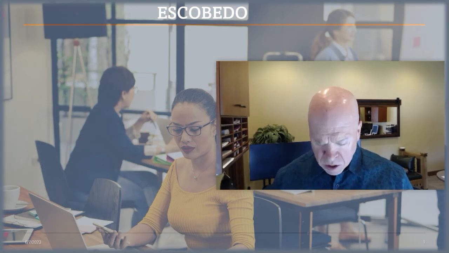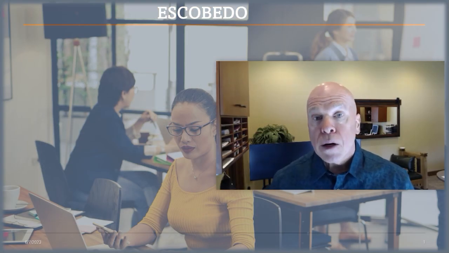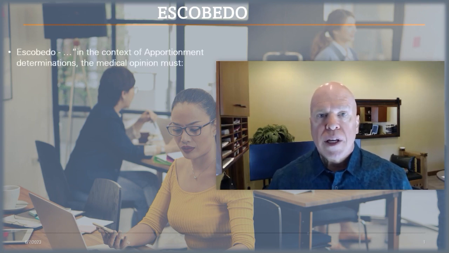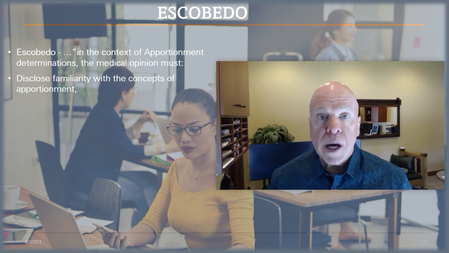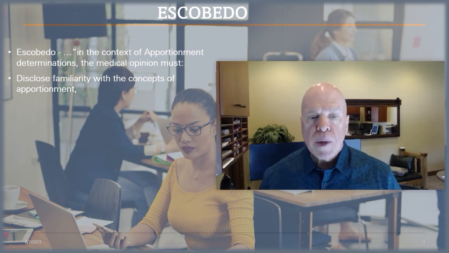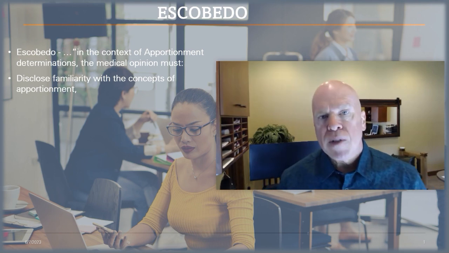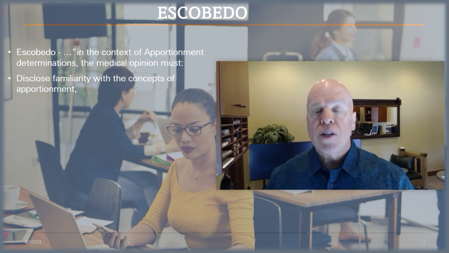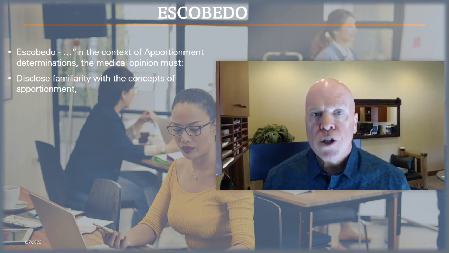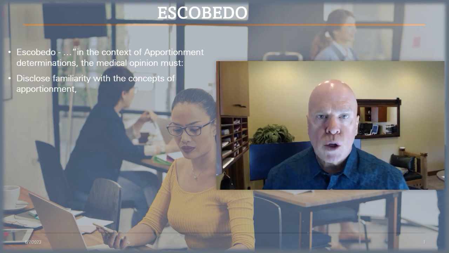So the case that gives us great direction, the modern case that gives us great direction in our apportionment determinations, is the Escobedo case. So I want to share with you some of the principles that were espoused in the Escobedo case that will help us in providing our apportionment opinions. So Escobedo said that in the context of the apportionment determination, so these are some specific recommendations for what you need to do in fashioning your apportionment argument.